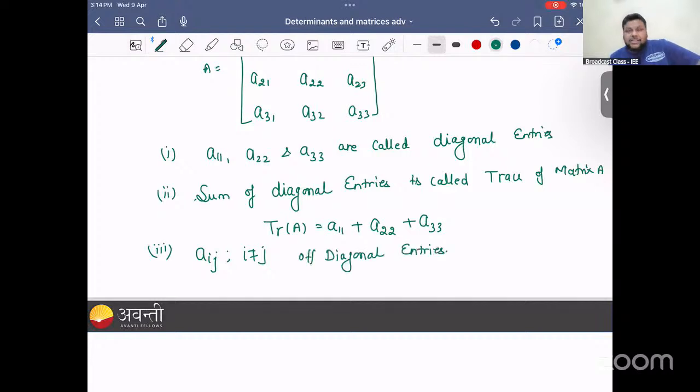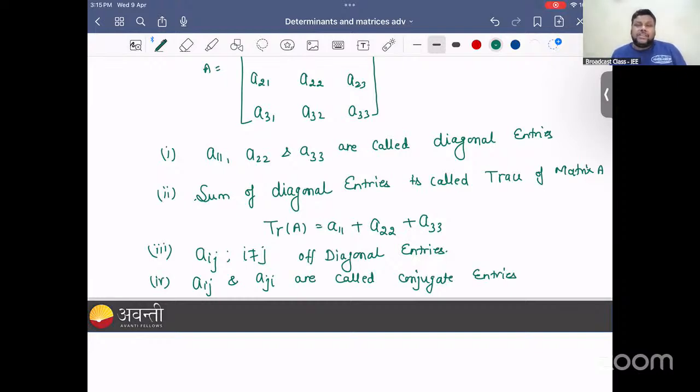Off diagonal entries. The fourth point is that Aij and Aji are called conjugate entries. Like A12 and A21, they are called conjugate entries.